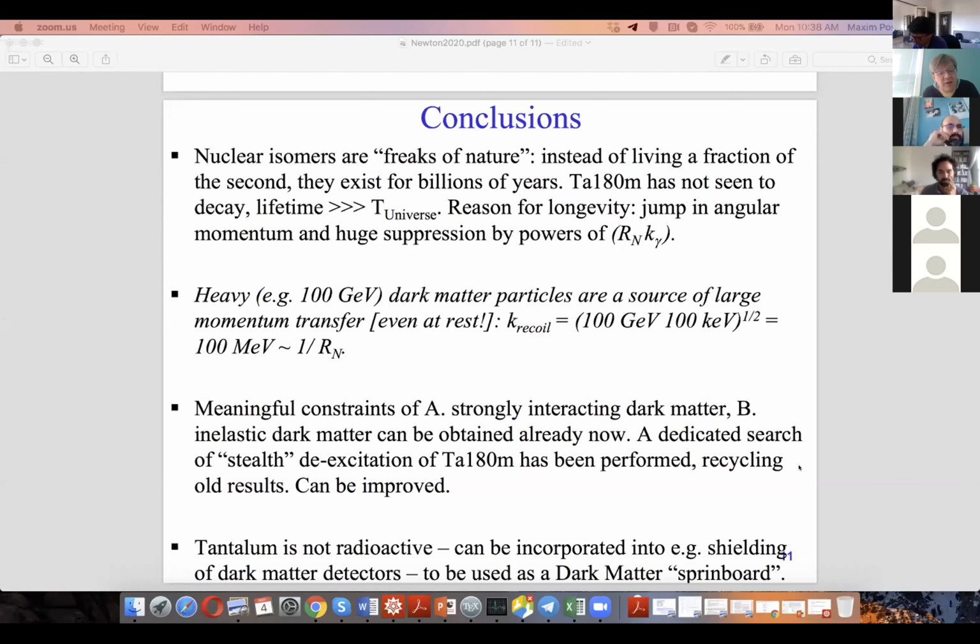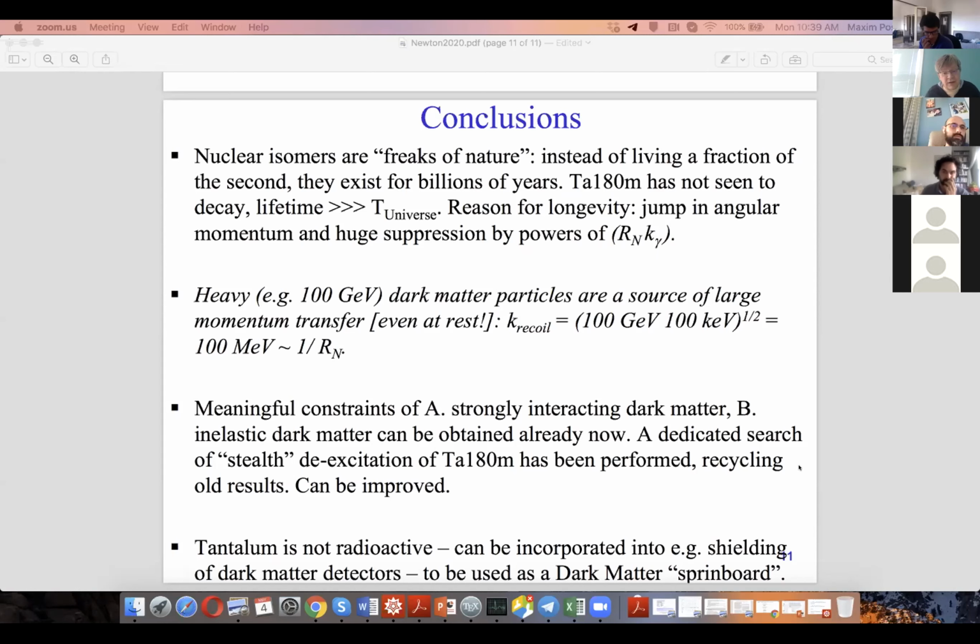So if you incorporate it into the shielding of another sensitive dark matter detector, you have a strongly interacting particle that comes in, it de-excites the tantalum, but it gets itself a kick of say 70 keV, or a fraction of 70 keV, and that's now kinetic energy we're talking about, and that can leave a significant fraction of that in, say, the xenon detector.